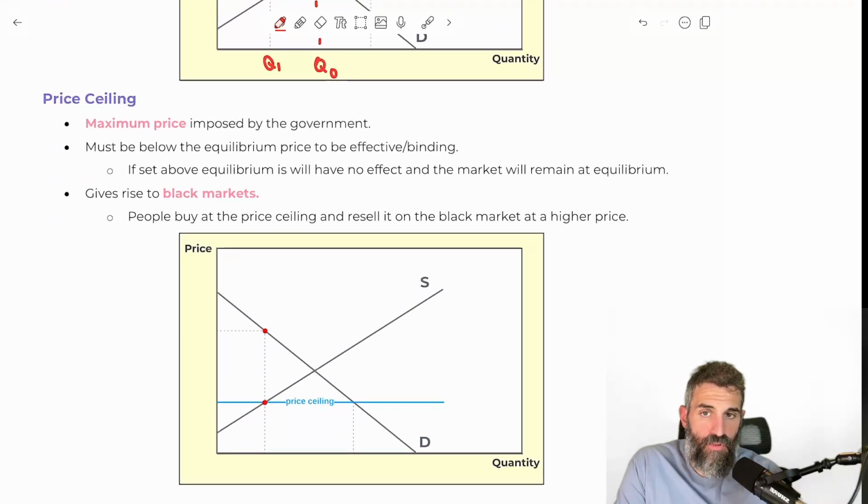The opposite of that is a price ceiling, which is a maximum price. The government will do this when they feel like the equilibrium is too high. People are paying too much, like imposing a rent control would be an example of a price ceiling. Rent controls are when the government imposes a maximum to either how much we can charge for rent or how much we can increase the rent by. And the effect is pretty much the same.